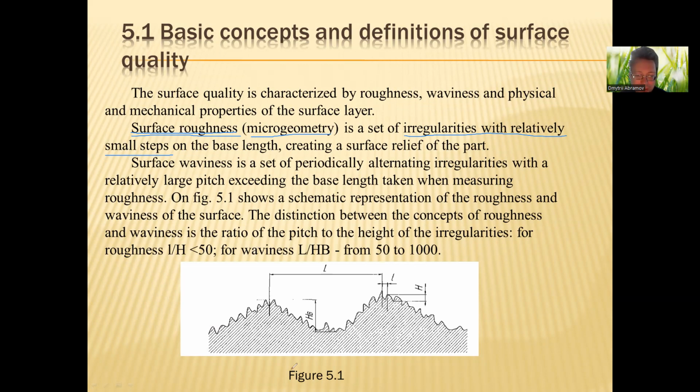Small steps, it's like in figure 5.1, small l, it's small step between irregularities. For example, between this and these irregularities, it's small step. It's roughness. You can see the roughness.